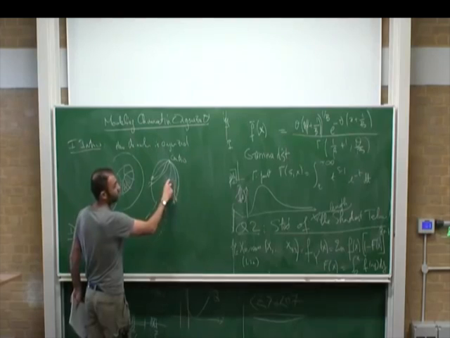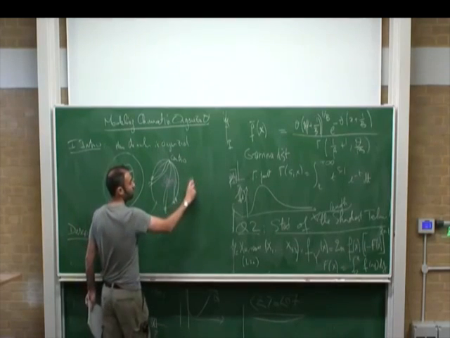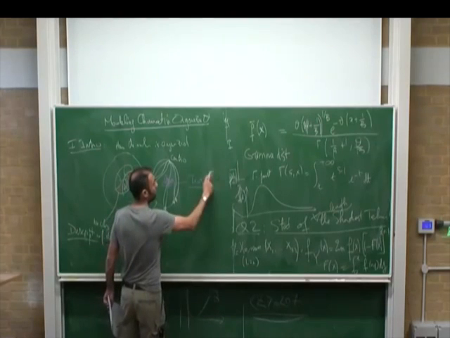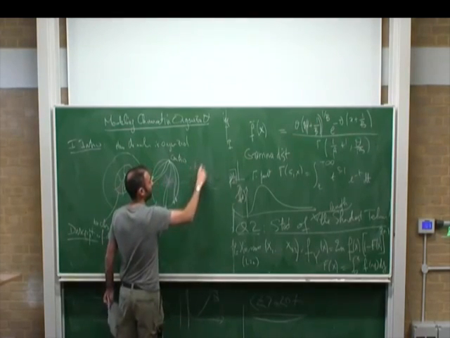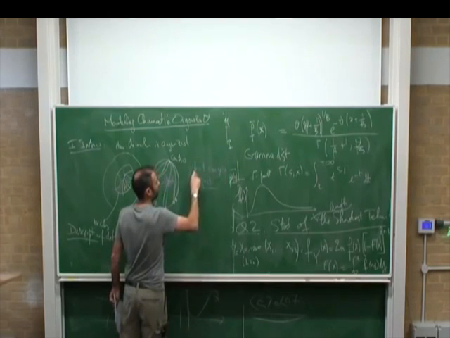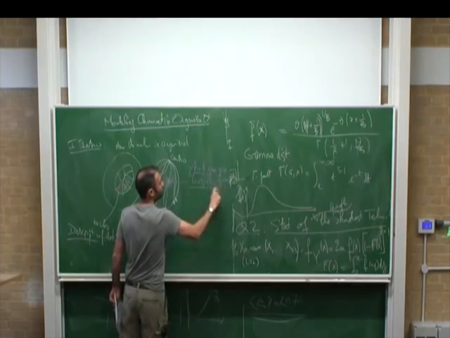Now the question is, what can you extract from the trajectories?